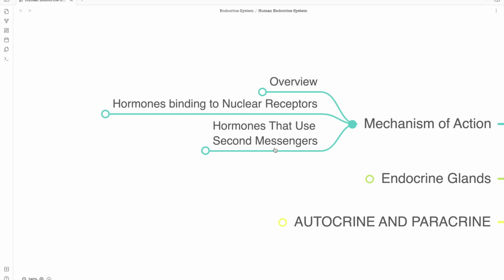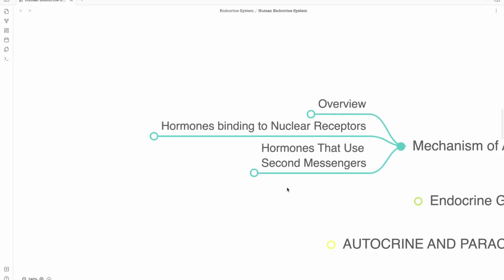So for now, just remember that secondary messengers are very small molecules which can help in the cell signaling system, like calcium, like diacylglycerol or DAG, and IP3, that is inositol triphosphate, and so on. We'll discuss them. So let's first start with the overview.